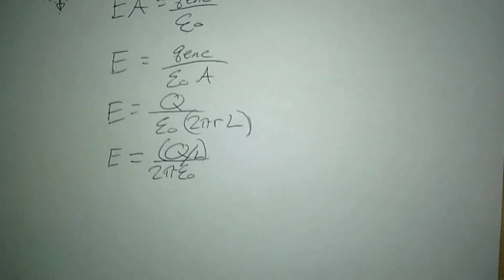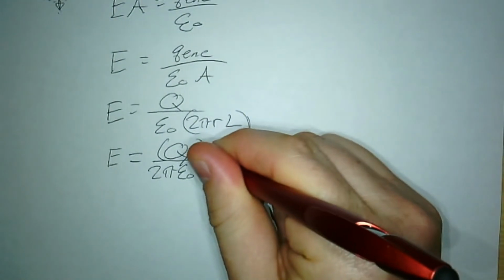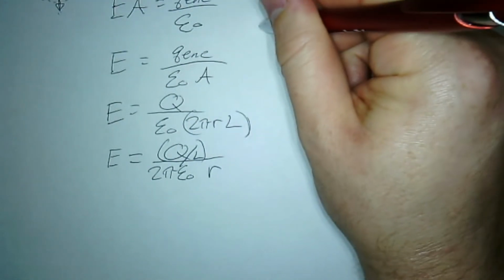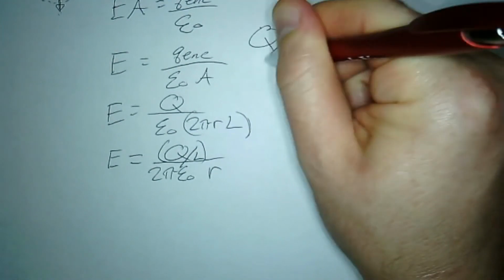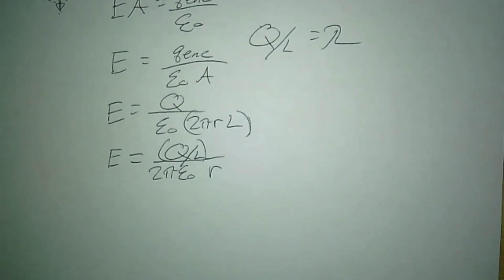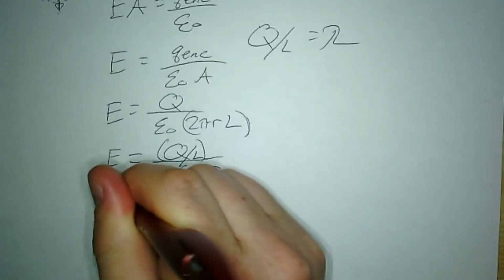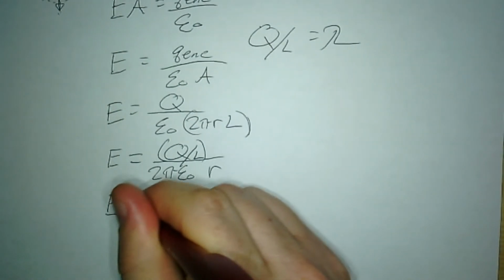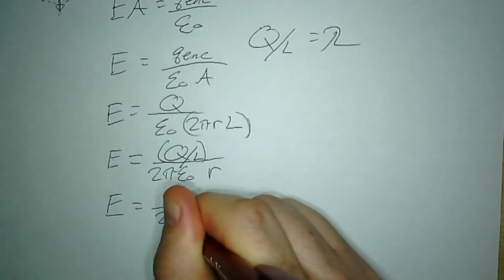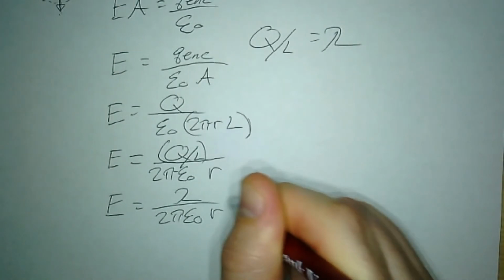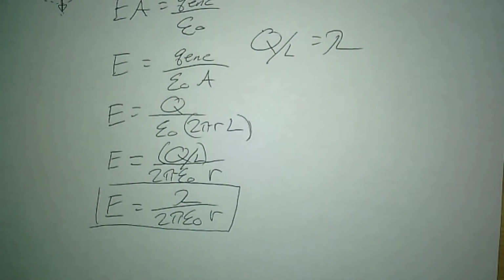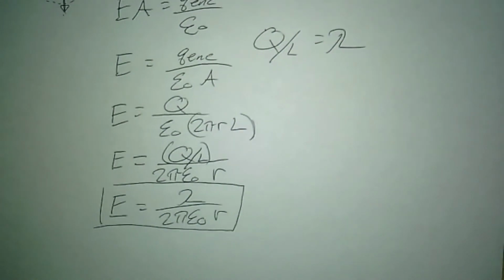I can do it like that and put my r down here. And we know that Q over L is equal to lambda, your linear charge density. So I'm actually going to write this in the end. My electric field is going to be lambda over 2 pi epsilon naught r. And that's my answer.